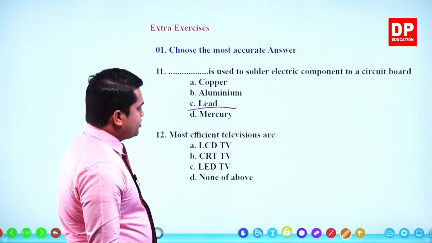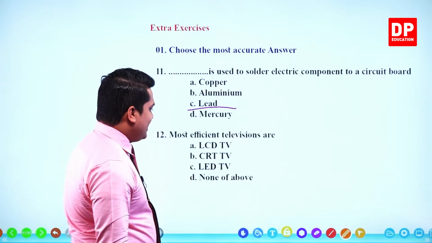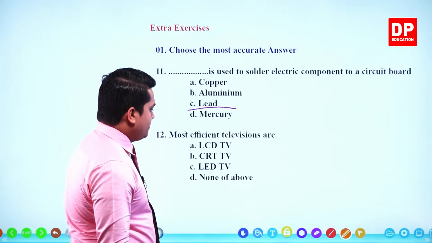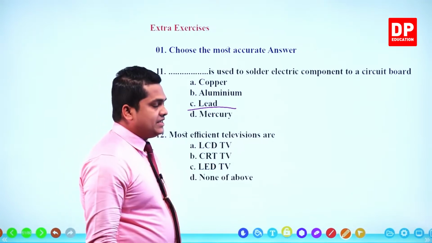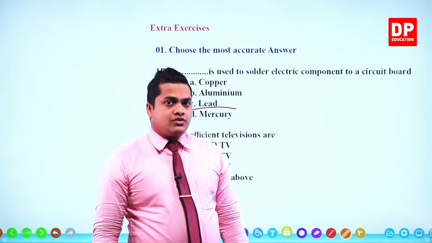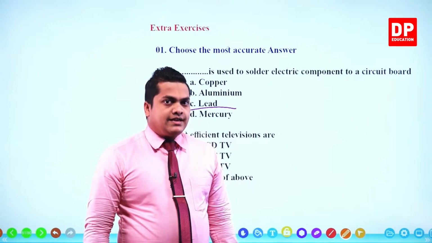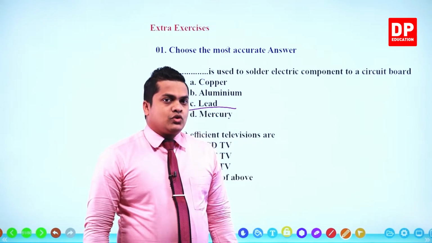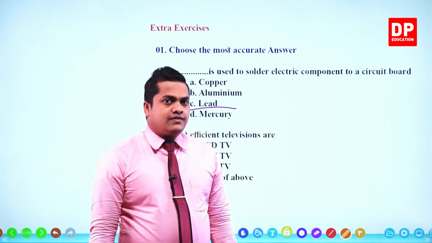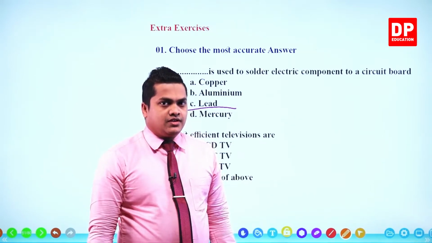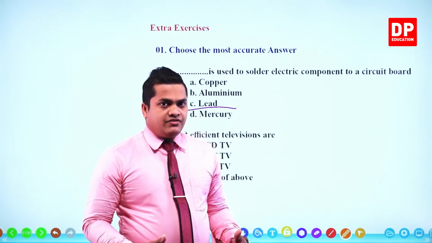Most efficient televisions are LCD televisions, CRT televisions, LED televisions, none of the above. I have explained about these things, my dear children. In a television also, the main type of energy that we obtain is light energy. The lesser the conversion of other forms of energy, the more efficient that television would be.